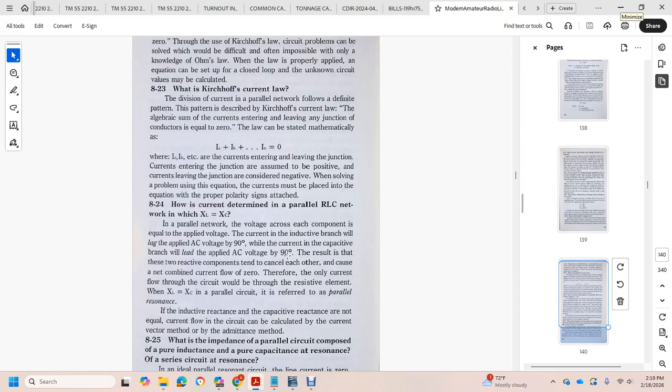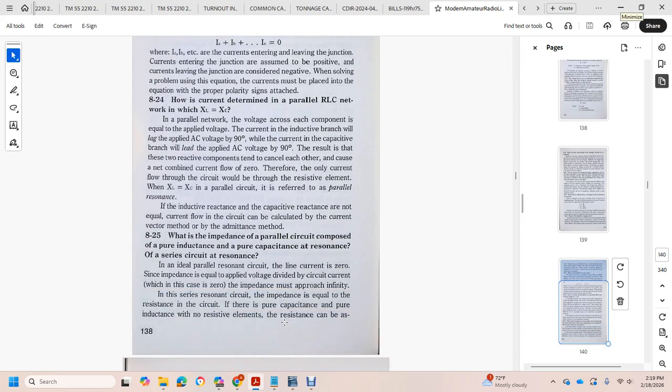The two reactive components tend to cancel each other, with the net combined current flow going to 0. Therefore, the only current flowing through the circuit is through the resistive element. When inductive reactance is equal to capacitive reactance, the parallel circuit is referred to as being in parallel resonance. If inductive reactance is not equal to capacitive reactance, the current flow in the circuit is calculated with the current vector method or the admittance method.